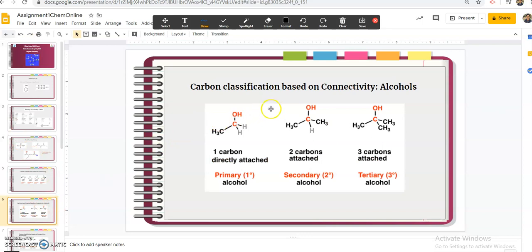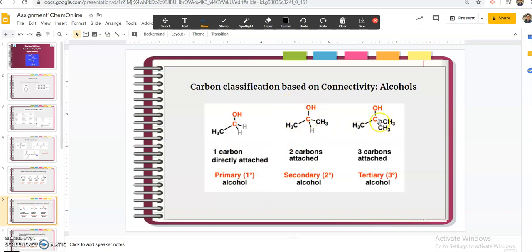From there, let's go to the types of alcohols, which are based on the type of carbon the OH, the hydroxy group, is connected to. If the OH is connected to a carbon which is connected to one carbon, in other words, the primary carbon, that's called a primary alcohol. If the OH is connected to a secondary carbon, this is a secondary alcohol.